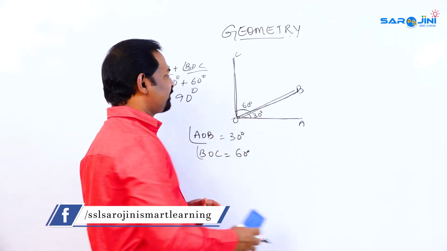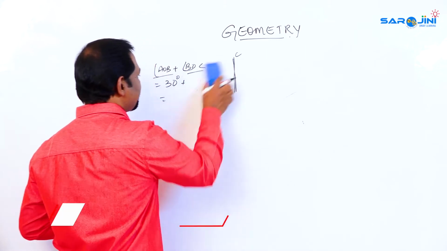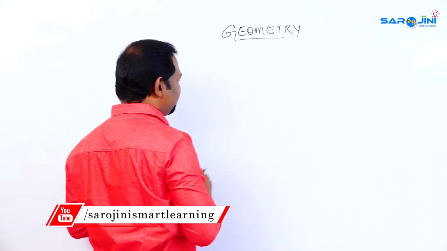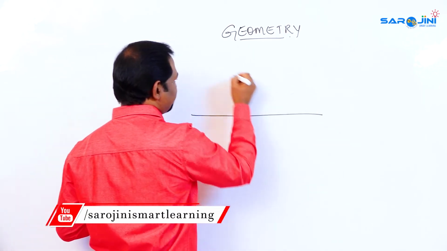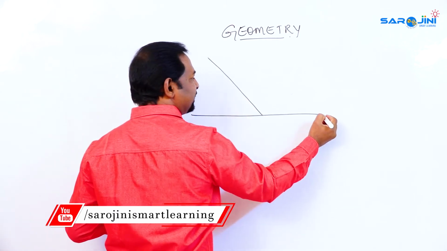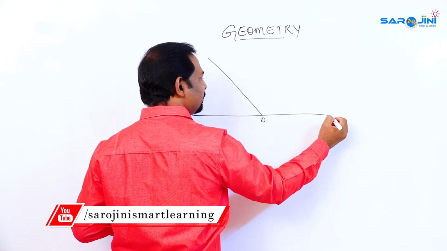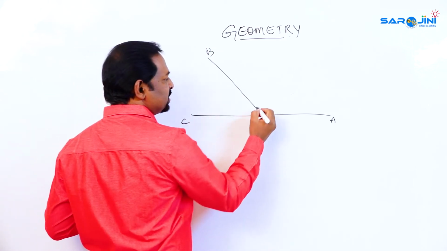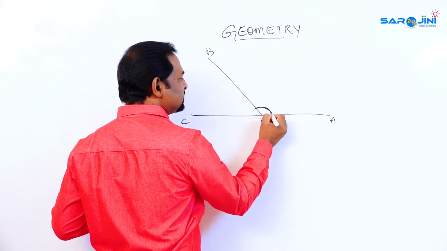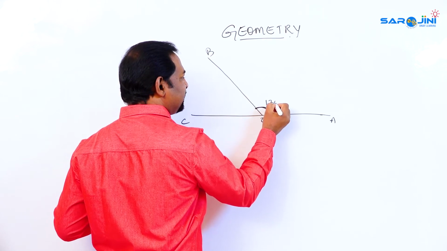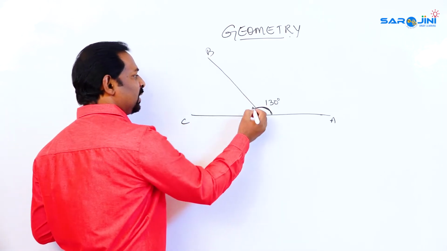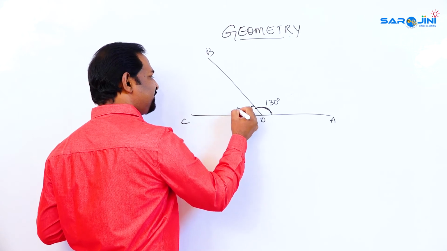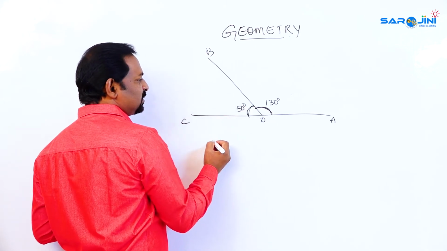In the same way, if you get something like this, say these are O, A, B and C. Here, say this is 130 degrees and this is 50 degrees.